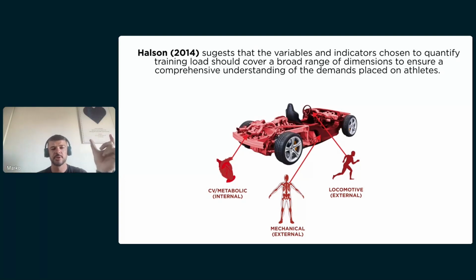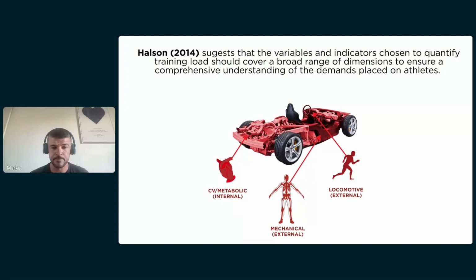Some of the variables can have a bigger impact on metabolic stress, some variables from GPS can have a bigger impact on mechanical stress, and some variables can have more impact on locomotive stress. This is very important when we are working in football and when we are talking about small, medium, or large-sided games, and especially when we are talking about speed work.